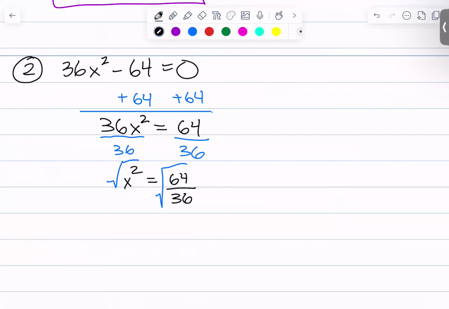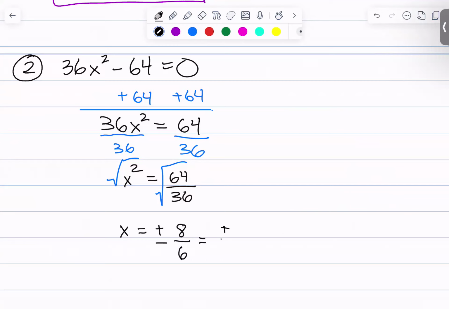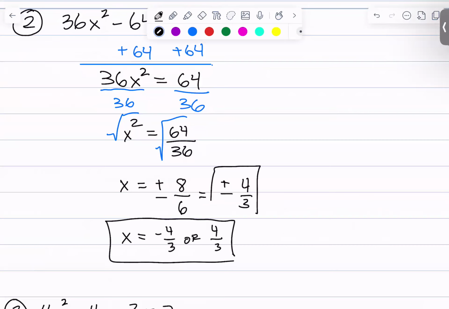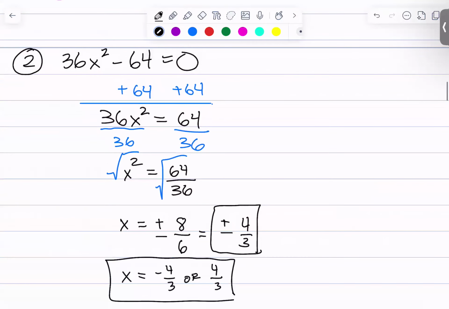Square root of 64 is 8 over square root of 36 is 6. So now we can reduce this down to plus or minus 4 over 3. So your answer would be negative 4/3 or positive 4/3. You could also just leave it like this if you want to. Okay, cool deal.